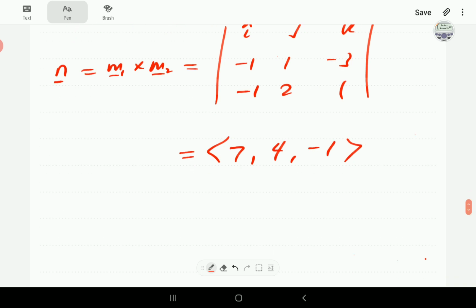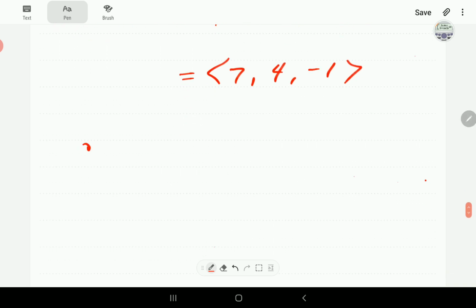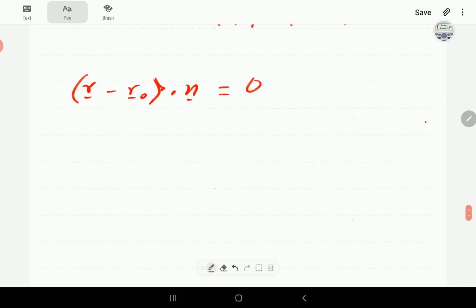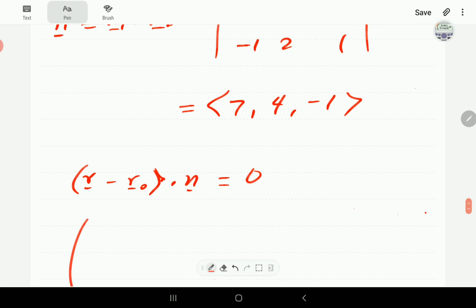Okay, so if we do r minus r naught dot n equals 0.